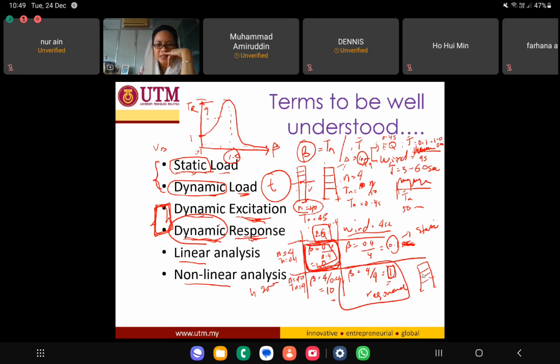Linear. Why do you think it is linear? Did you use this E factor in your design, Amiruddin? For earthquake design, I think I use the E value, but for the RC design, I don't use it.